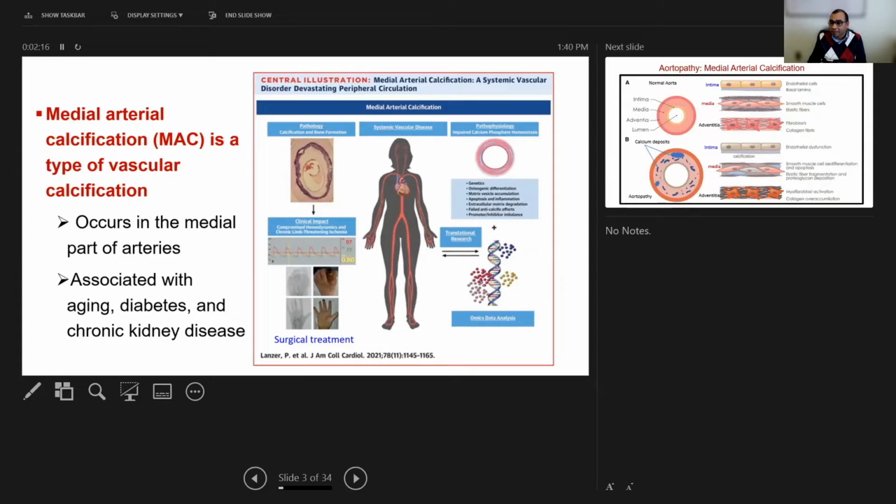But then you also have vascular diseases in patients such as diabetes, chronic kidney disease, hypertension. And in fact, even in old age, our vascular layers are actually calcified. And that kind of calcification you mainly see in the middle, or the most predominant layer, which is called the medial wall of the aorta, as well as the small peripheral arteries.